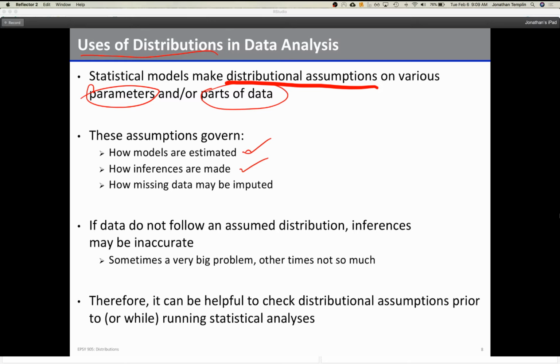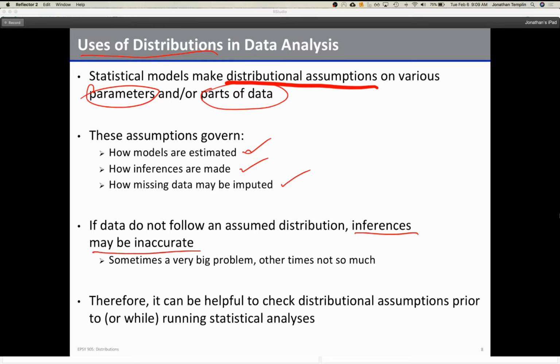They also talk about how we may have missing data and how we might resolve a missing data issue by imputation or other means. So if they're critically important in understanding models and getting estimates from a model, then you should realize that if the data don't follow the type of distribution you assume, you may get inferences that are inaccurate.